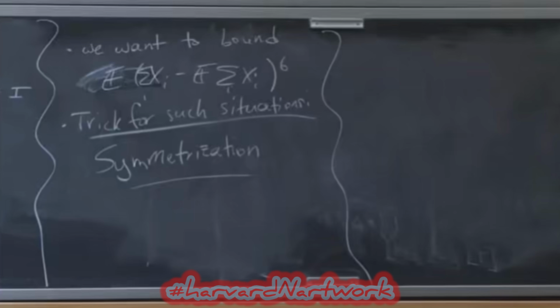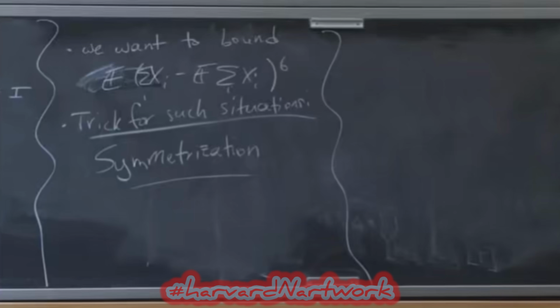Okay. So now if you want to bound the expectation of sum over I sigma I xi to the 6th, you'll expand this out and you'll get a sum over I1, I2, up to I6 of the expectation of a bunch of sigma powers, sigma I1, sigma I2, sigma I6, times the expectation of xi1 through xi6.